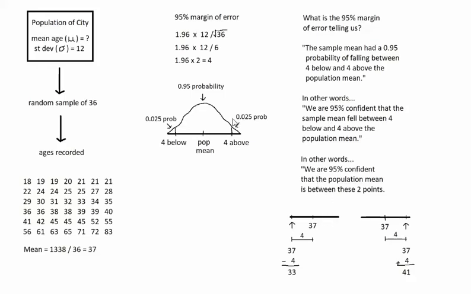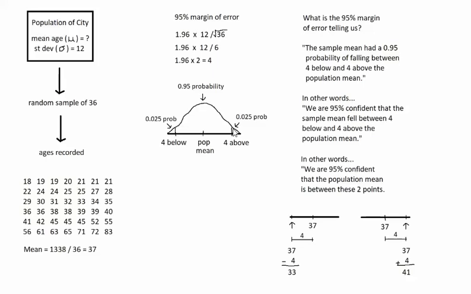So I'll break down what this is showing down here. Let's imagine for a moment that the sample mean of 37 came out at this point right here, exactly 4 above the population mean.